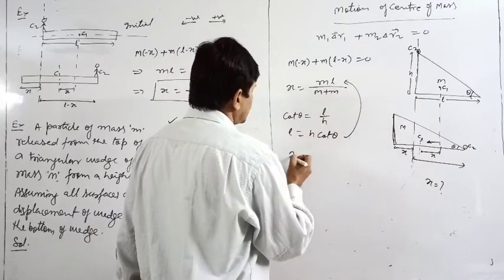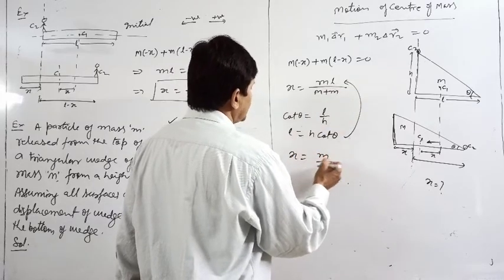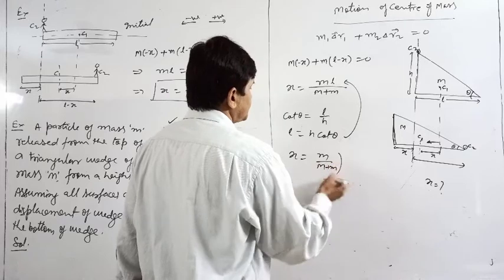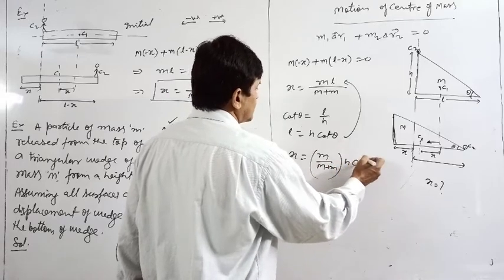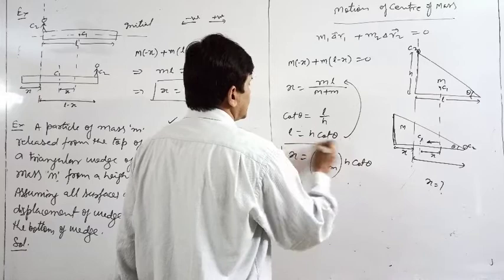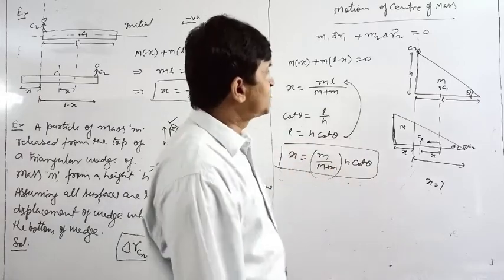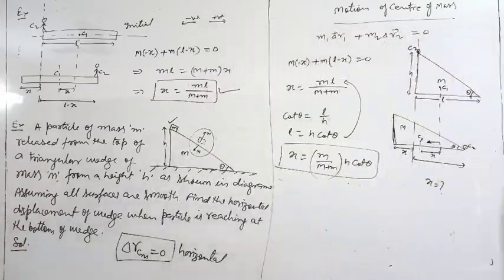Substitute here: x is equal to m by (M plus m) into h cot theta. This is the displacement of the wedge when the ball is reaching the bottom. Okay, so note down this.